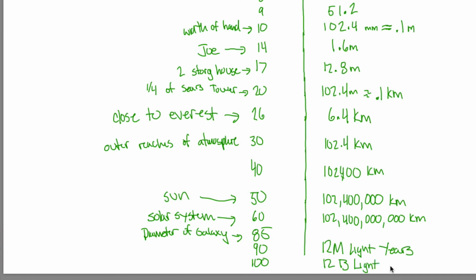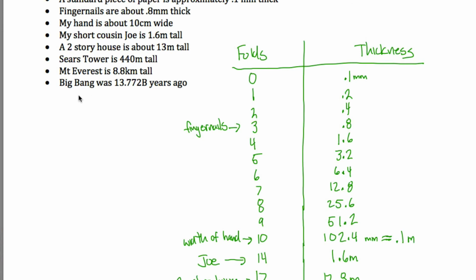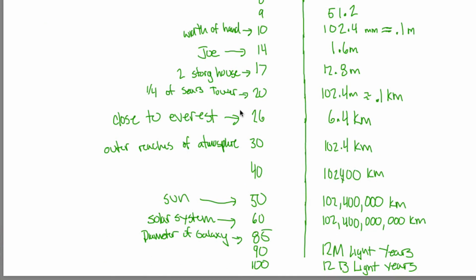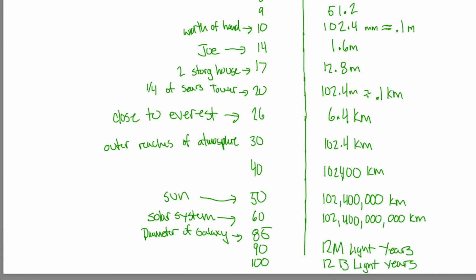Now we're so big that it's hard to even fathom what that means. But if you go back up here, you'll note that the Big Bang was roughly 13 billion years ago, and light has been traveling at the speed of light for 13 billion years. Your piece of paper is now 12 billion light years tall, so roughly the radius of the universe.